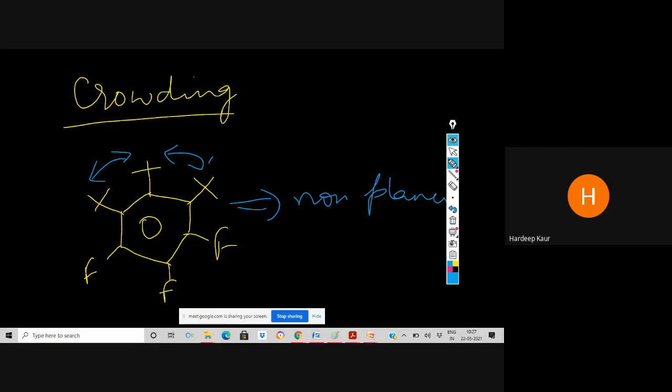Is it clear? Yes, ma'am. Similarly, this molecule is also non-planar in nature, which has 4 tertiary butyl groups. The tertiary butyl group is very bulky, so it lifts the molecule out of plane to minimize the steric strain. Okay, so these are the examples.